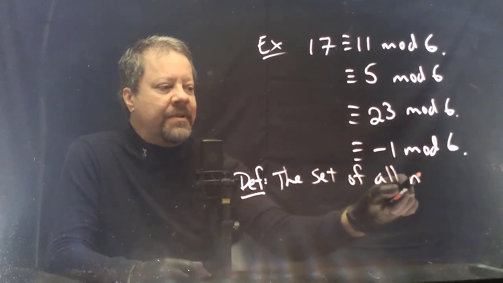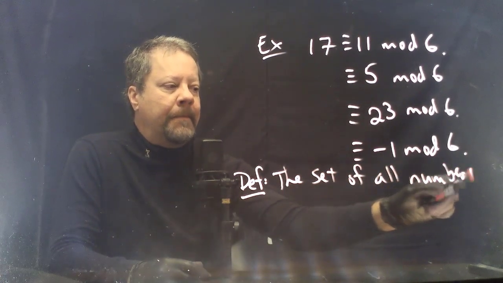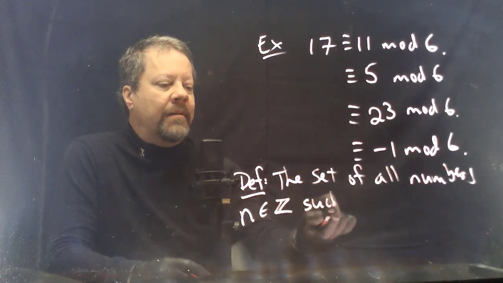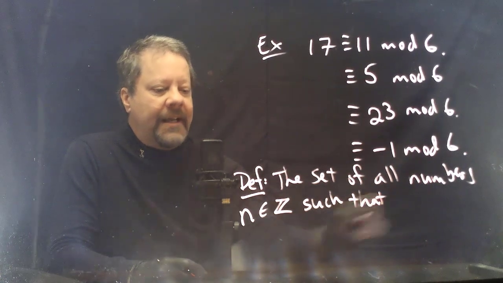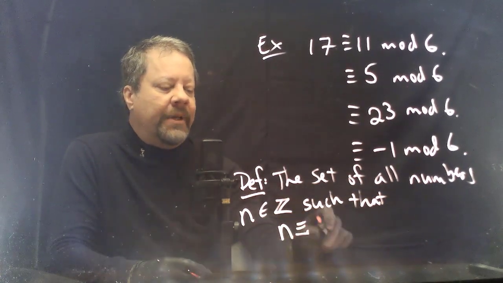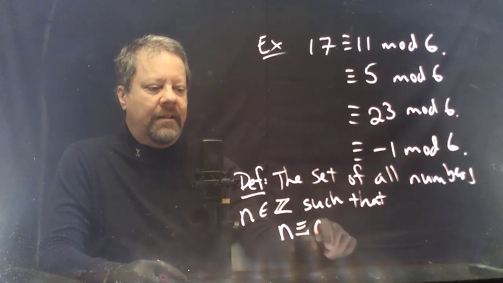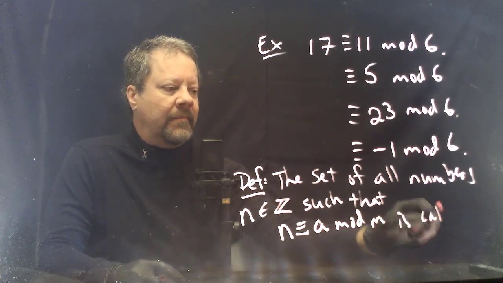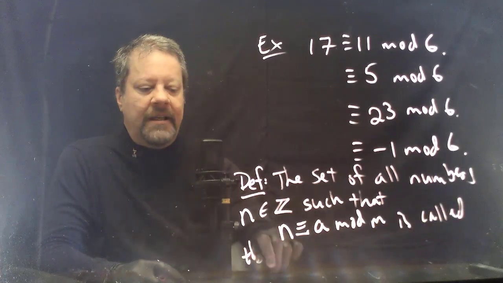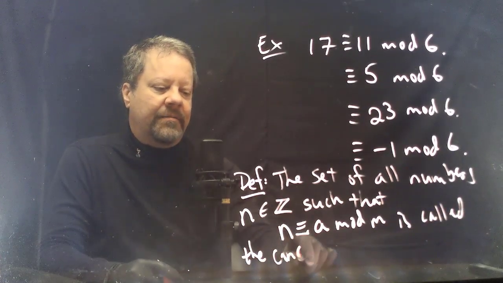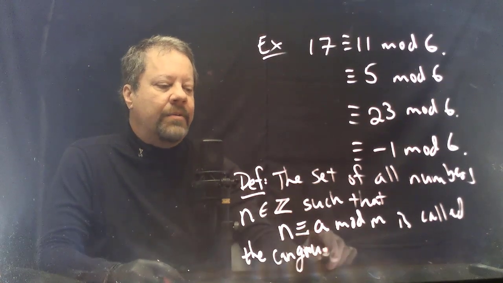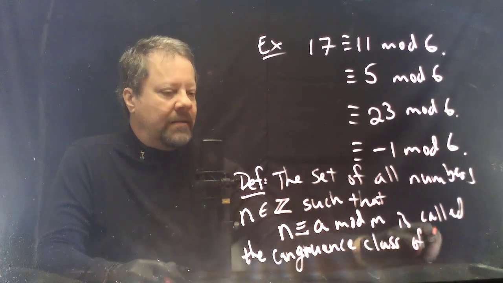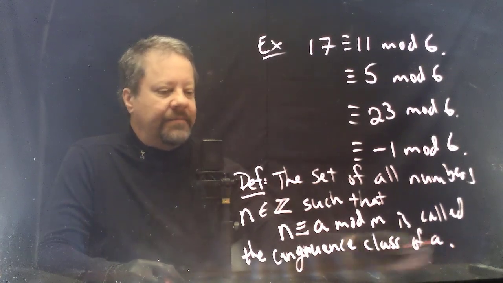The set of all numbers n in the set of integers such that n is congruent to a mod m is called the congruence class of a.